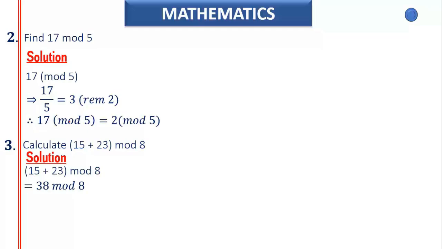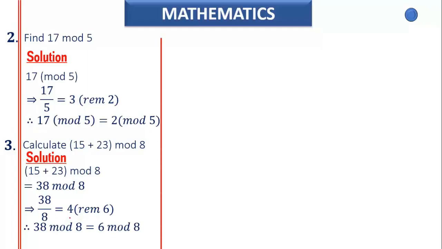As usual, that's 38 divided by 8, which is 4 remainder 6. How many times can you get 8 from 38? That's 4 times, which leaves 6. So that's our final answer, 6 mod 8.